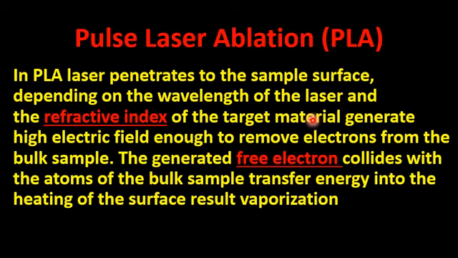When the laser is penetrated, it will generate a high energy electric field, which will be enough to remove the electrons from the bulk sample. The generated free electrons collide with the atoms of the bulk sample. Then they transfer the energy into heating of the surface, which will result in evaporation.